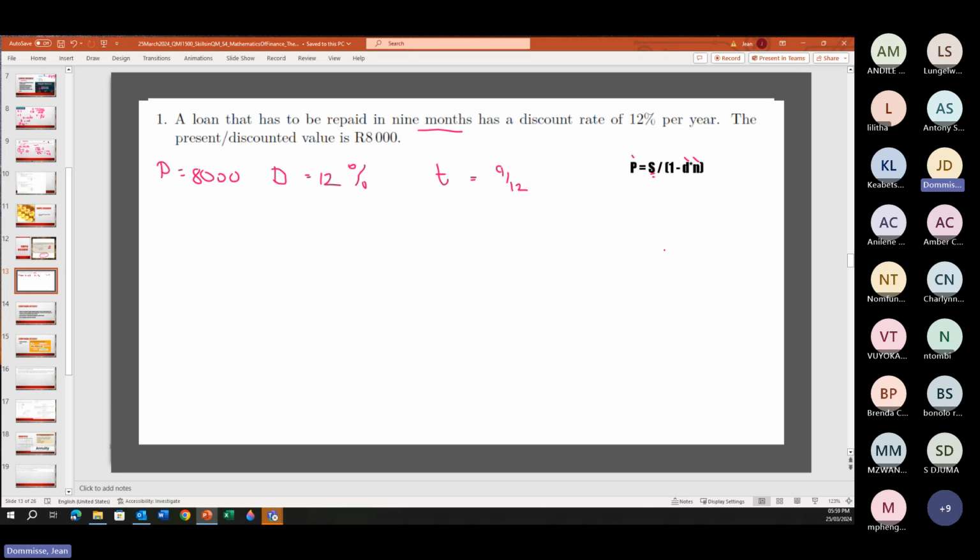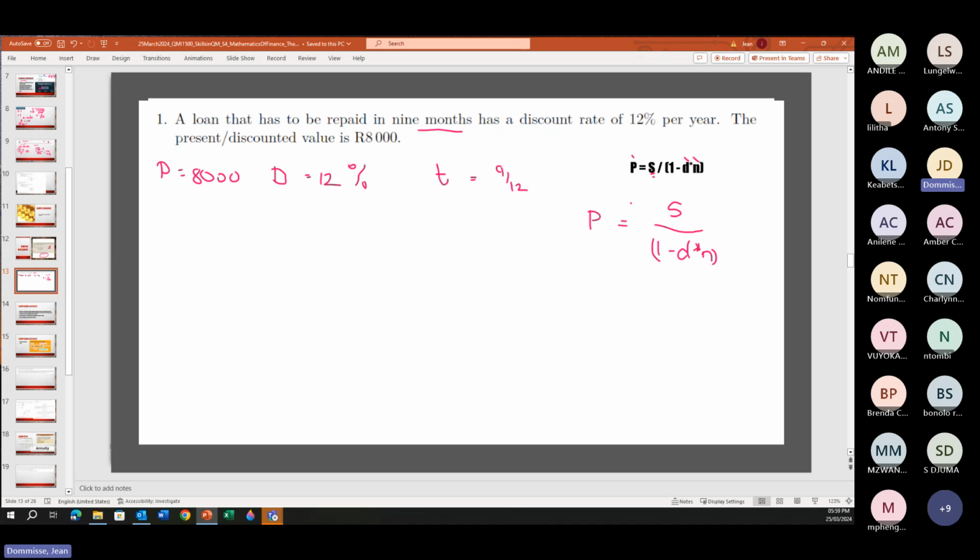Okay, so let's just rewrite that formula a bit, because we will need to make S the subject of the formula.